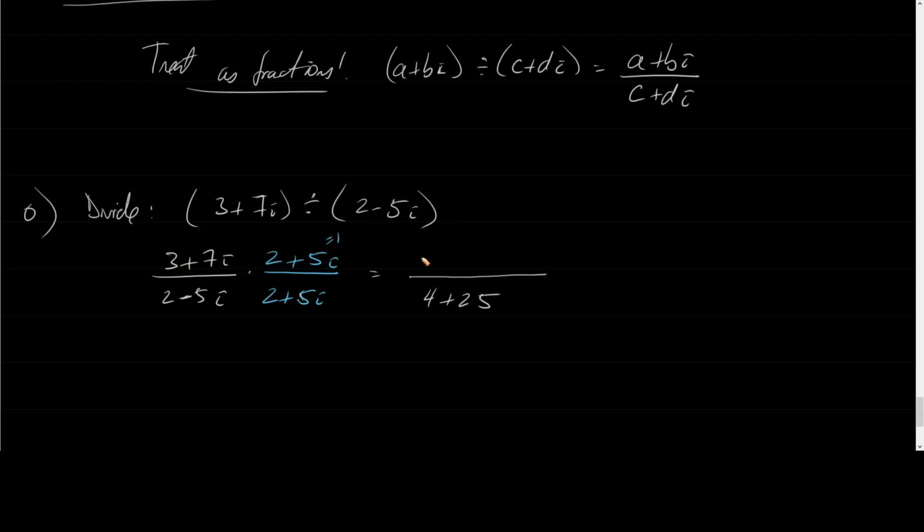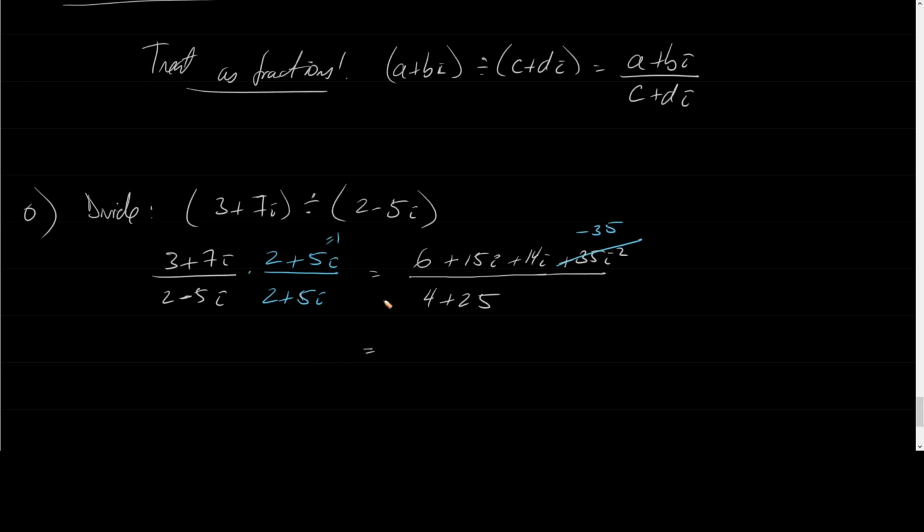3 times 2 is 6. 3 times 5i is 15i. 7i times 2 is 14i. And then 7i times 5i is 35i squared. But we know that the i squared is going to turn this into just simply a negative 35.